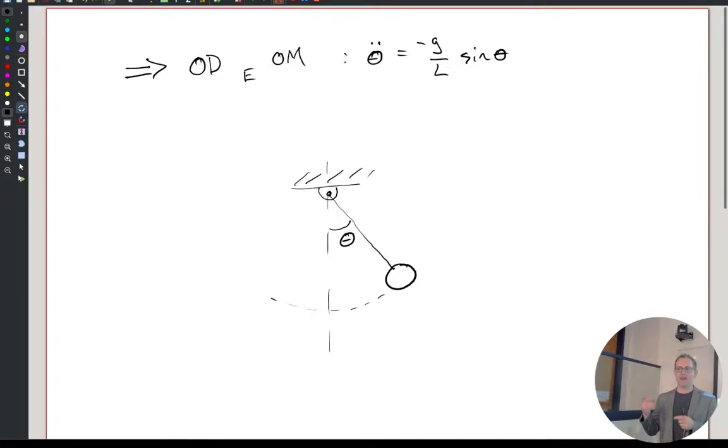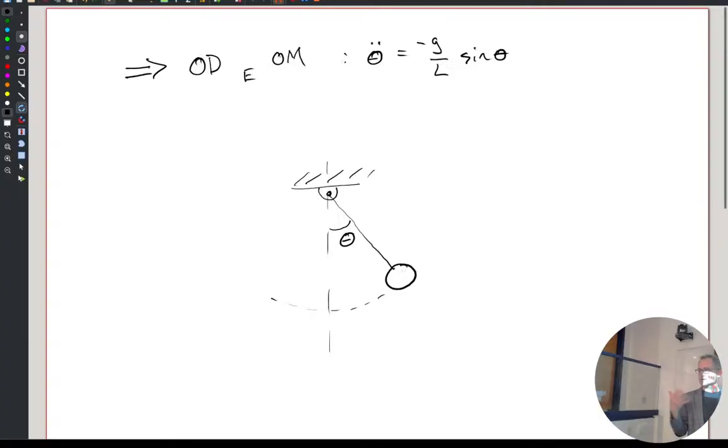The reason is that they're all functions of position. So with negative g over L sine theta, that one's a function of position. Based on the angle, if I go to a certain angle, I always have the same acceleration back.